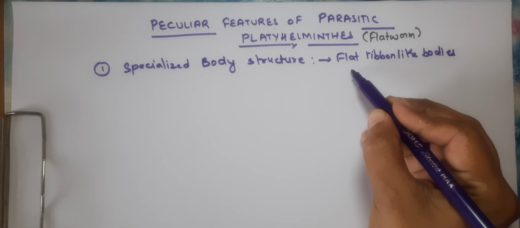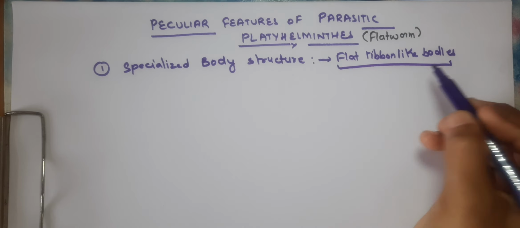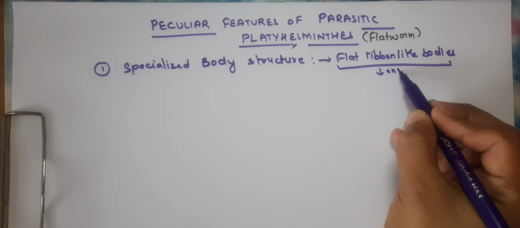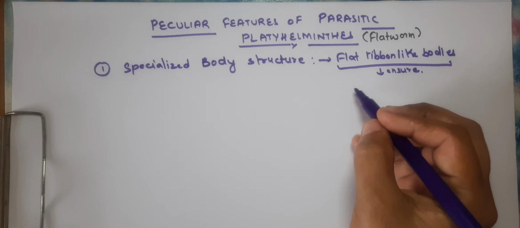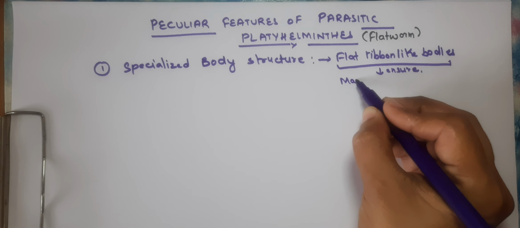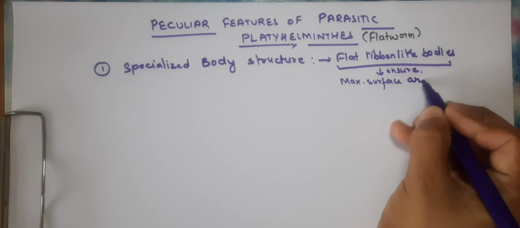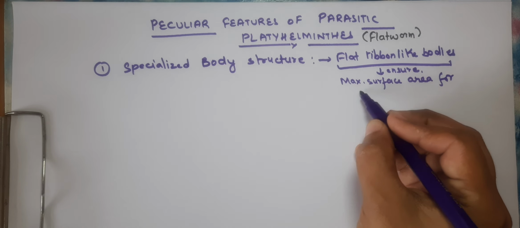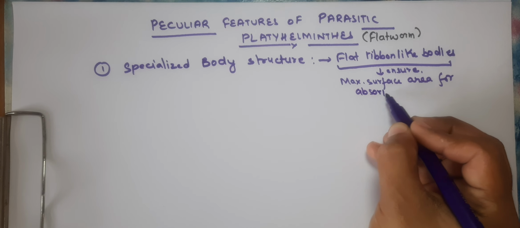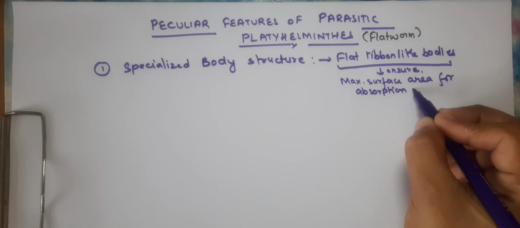Okay, so these flat ribbon-like bodies will ensure the maximum surface area for absorbing the nutrition. Okay, so student, they are parasitic.